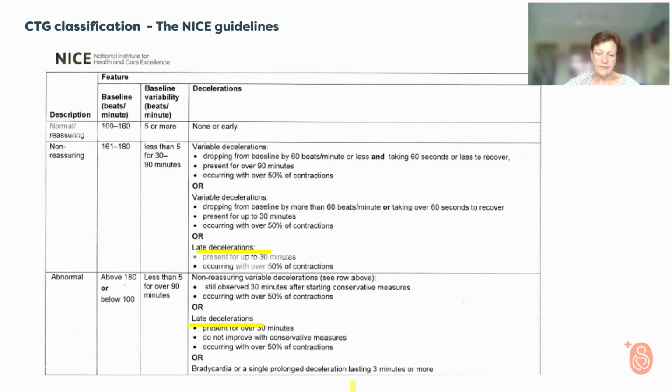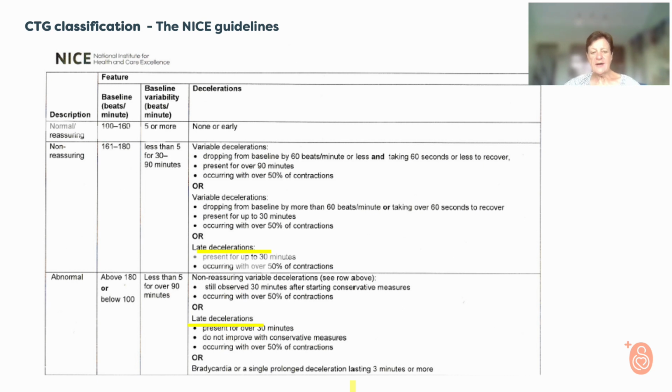But it also falls here in the abnormal column, where we have late decelerations that are present for over 30 minutes, and they do not improve with conservative measures, which would be the resuscitation measures, and it's occurring with 50% of the contractions. So in the case of the NICE guidelines, they first of all make late decelerations non-reassuring.